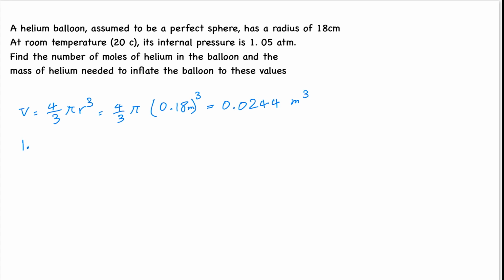So we can convert it to newtons per meter square by multiplying the atmosphere value by 10^5 newtons per meter square, which will be roughly about 1.64 times 10^5 newtons per meter square.